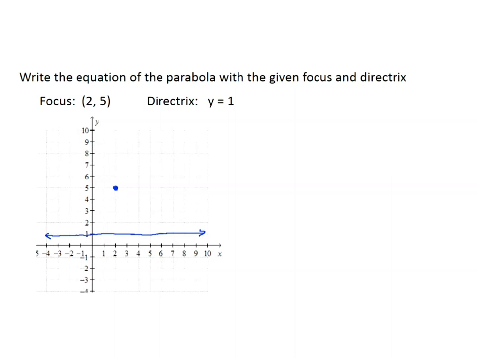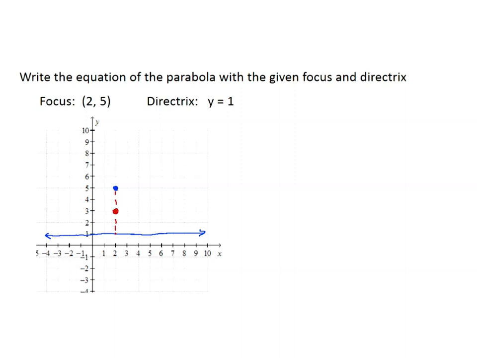So from this picture, I know that my parabola is going to open up because my parabola is going to open towards the focus. So if I want to find the vertex point, which is important in my equation, then I need to find the midpoint of this segment, right? Because I know my vertex is the same distance from the focus as it is from the directrix.